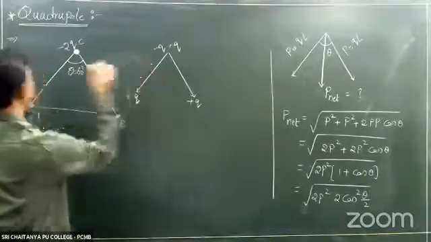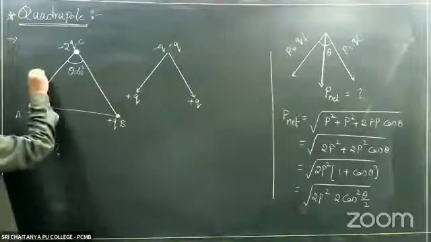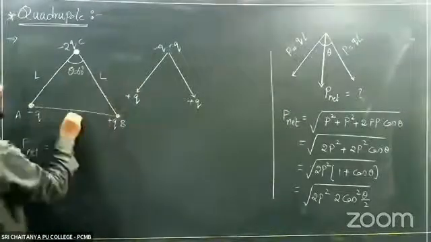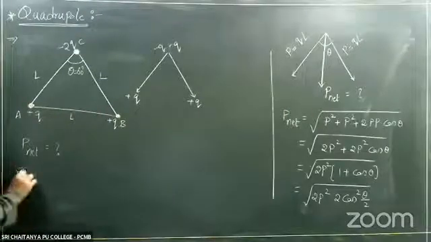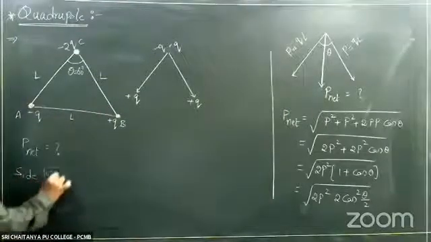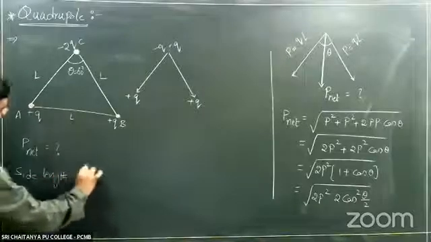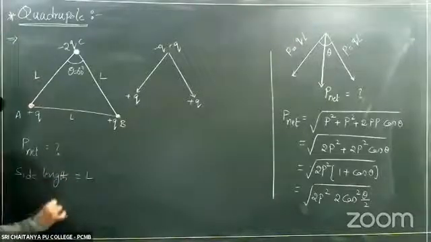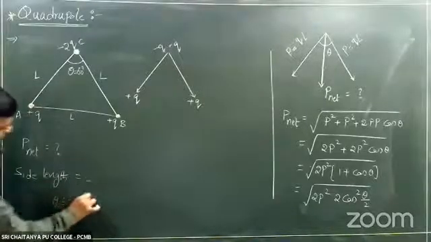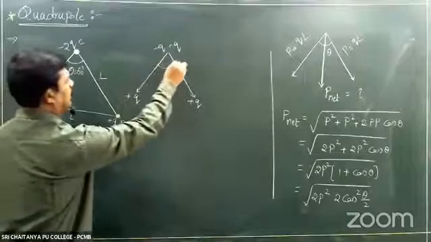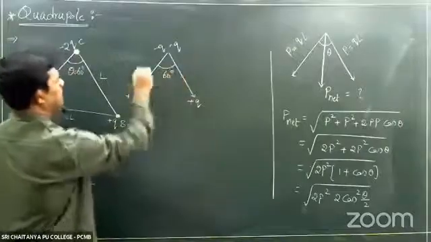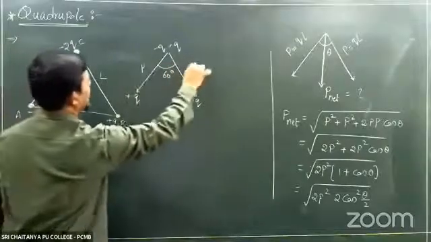They gave the side length as L. Side length of the triangle is L. Theta is equal to 60. Then what is this angle? 60 degrees. Then this is P and this is P.